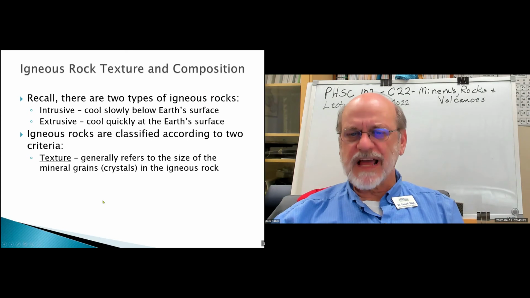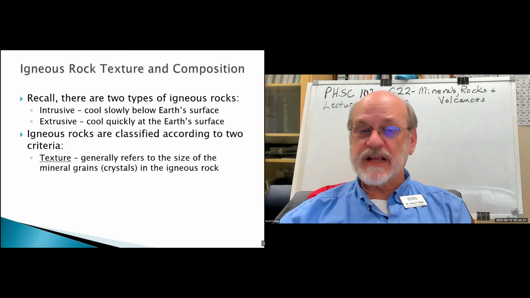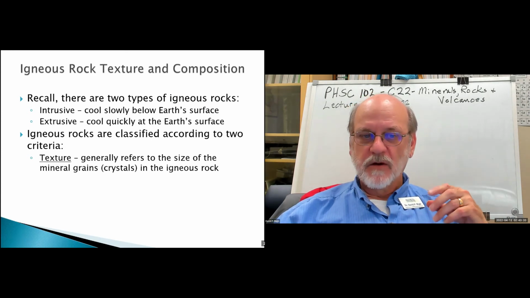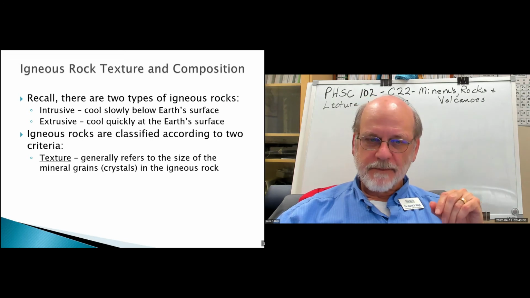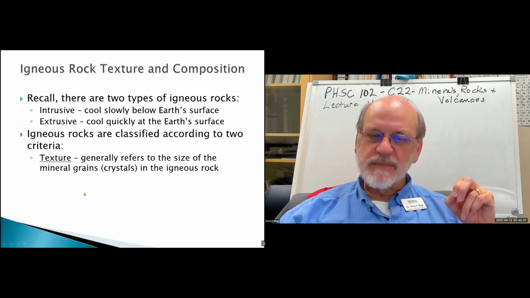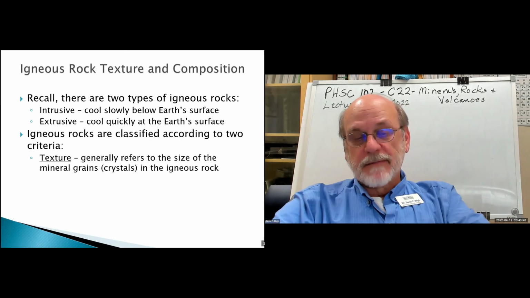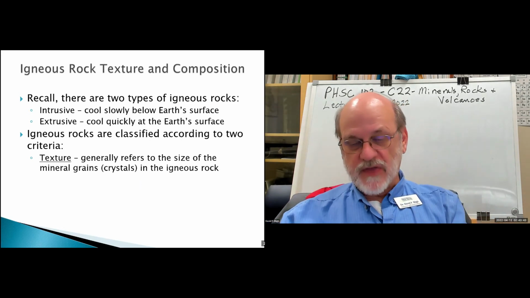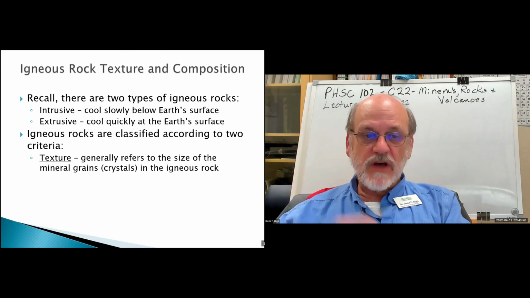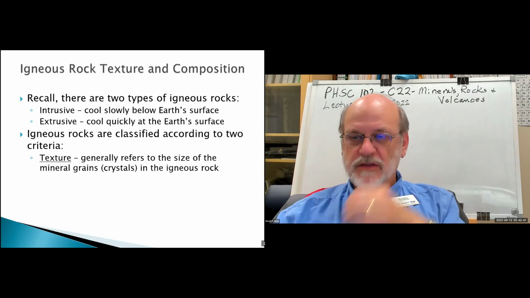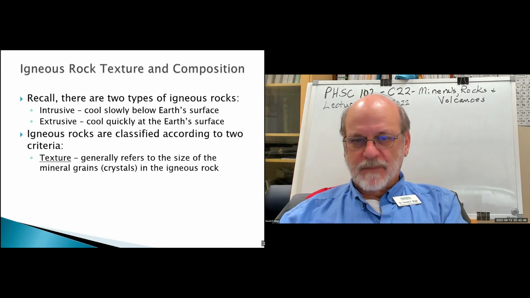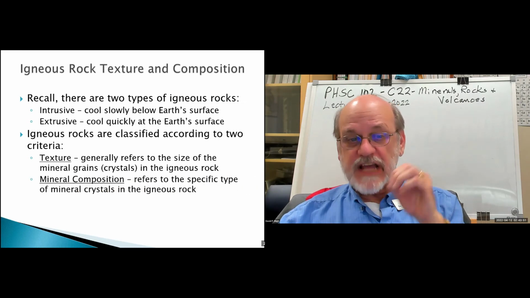Two basic classifications help us distinguish igneous rocks. One is texture. What is the size of the mineral grains in the igneous rock? And very often you need microscopes to tell you that. What is the size of the particles, the grains, the crystals inside the igneous rock? That's texture.